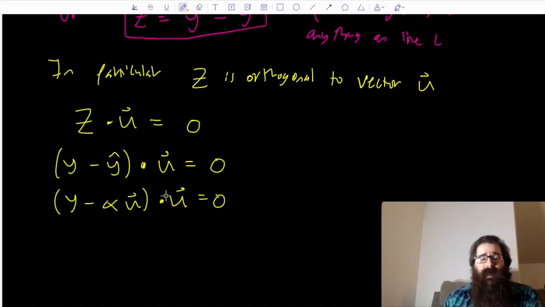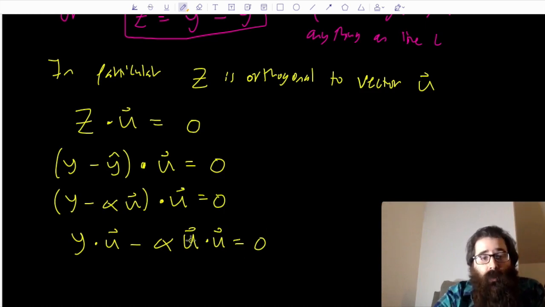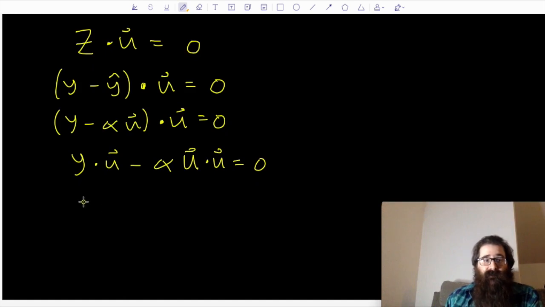Well, let's go ahead and expand this dot product out. So if I bring in that dot product, then I can say y dotted with vector u minus alpha, some constant, times u dotted with vector u is equal to 0. And I can move that one term over. I can add it to both sides and say, okay, then y dotted with u is equal to alpha times u dotted with u.